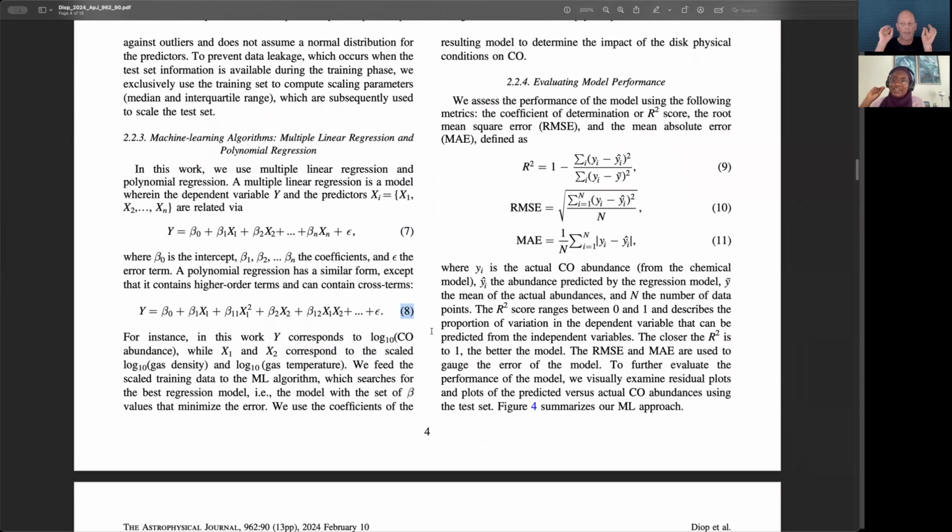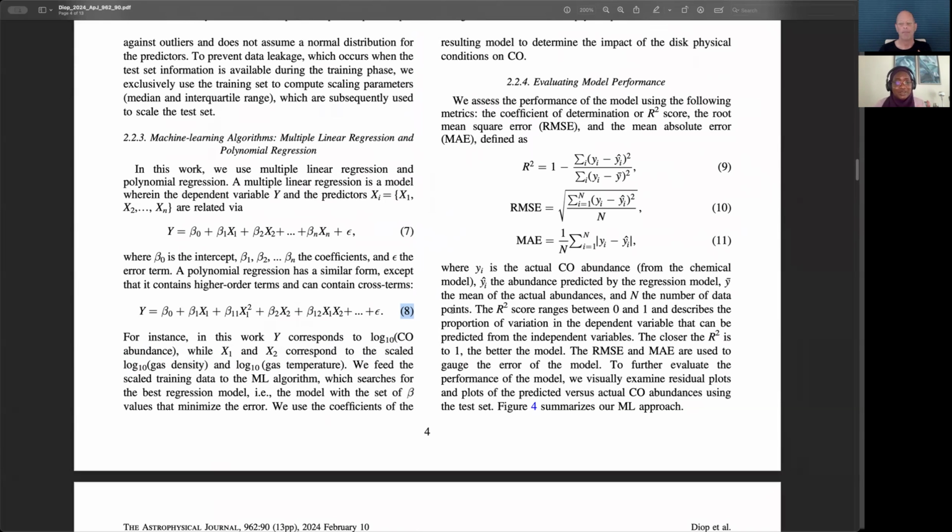And that makes it really hard to isolate the impact of each term on the CO abundance. So we effectively introduced something called multicollinearity, and that makes it really hard to carry out this work of saying, okay, this coefficient has this effect on CO and this one has that, without affecting the other coefficients. So we really needed to find a way to deal with this multicollinearity so that we can trust the coefficients and isolate their individual contribution on CO.